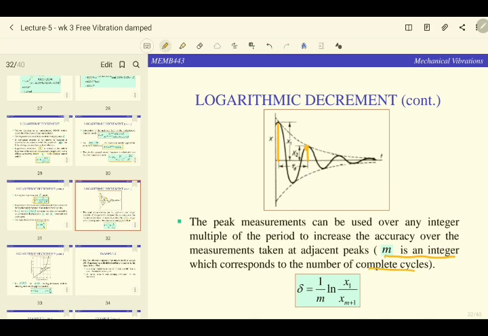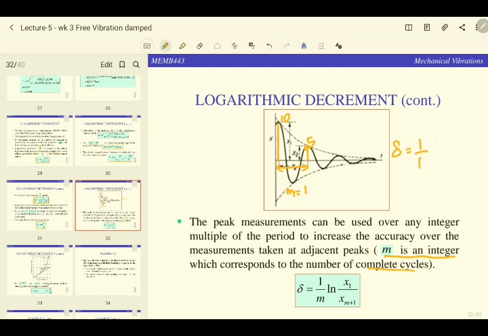For example, if I give you x1 is 10 and x2 is 5, the delta equals, what is x1 to x2? How many cycles is it? It's only one cycle, isn't it? From here to here. So m equals 1, the number of complete cycles.